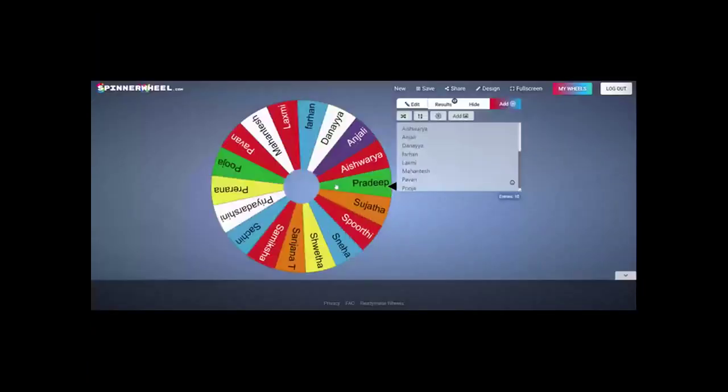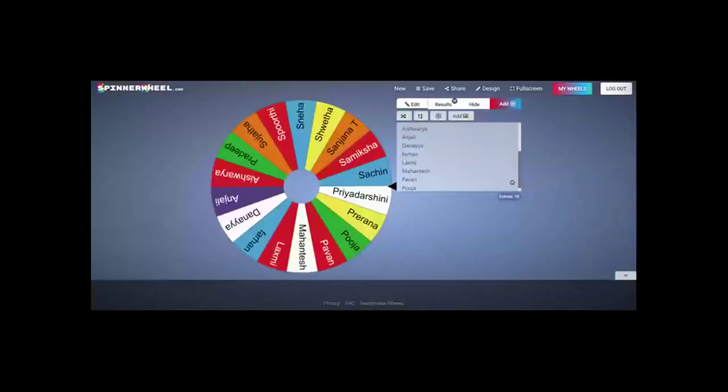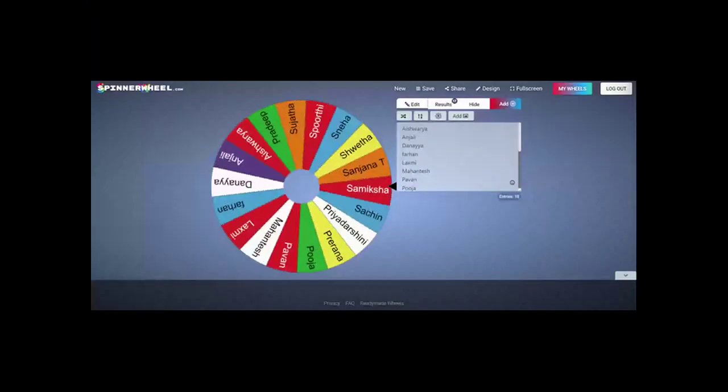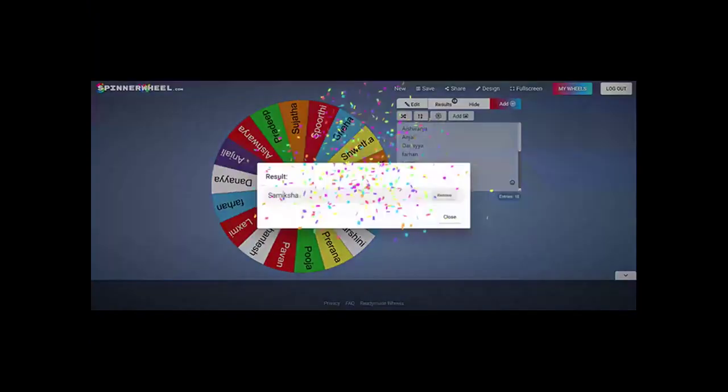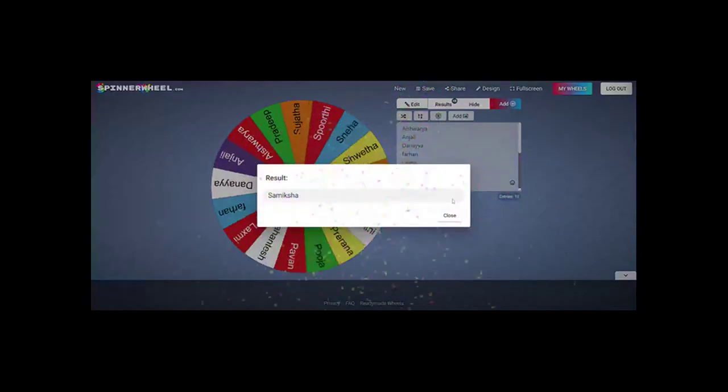Correct. Now let's see who will get the question. Samiksha, yes, ma'am. Your question. Which of the following solutions satisfies the equations x plus y equal to 8 and 5x minus 3y equal to 16?